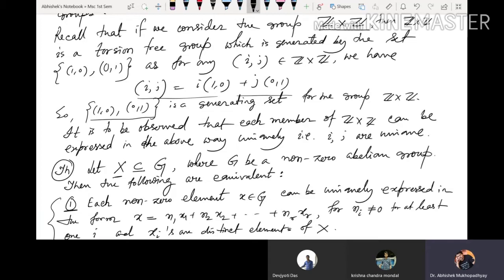That is, the numbers i and j are unique.